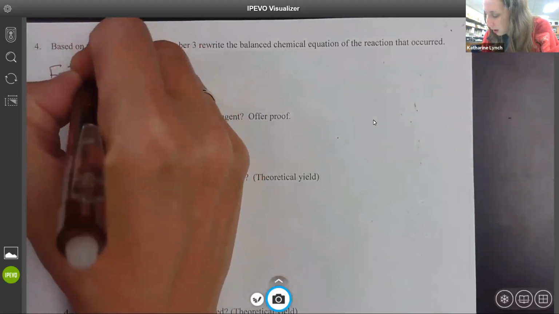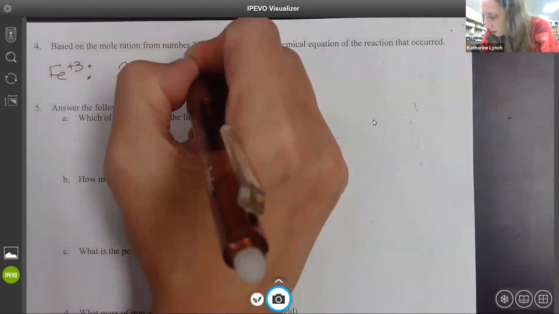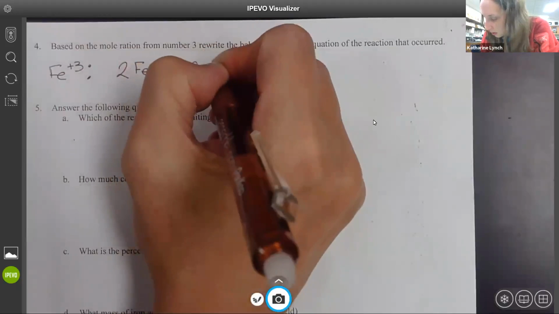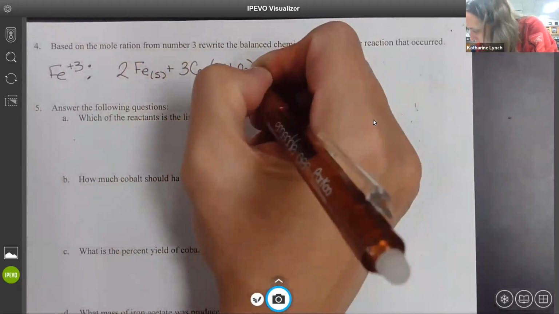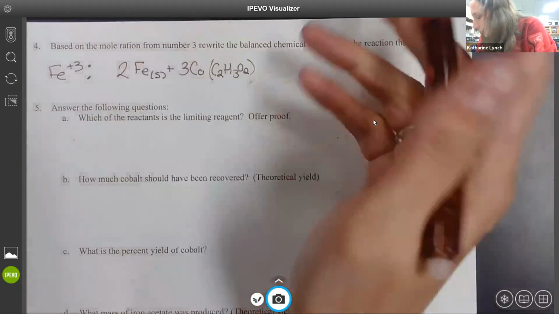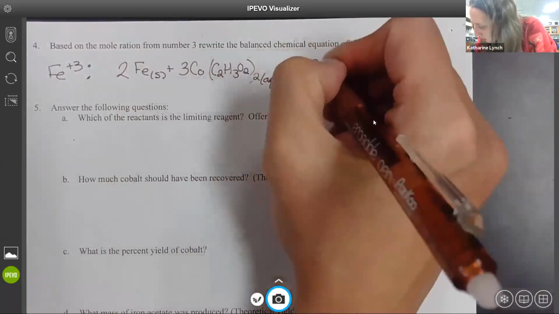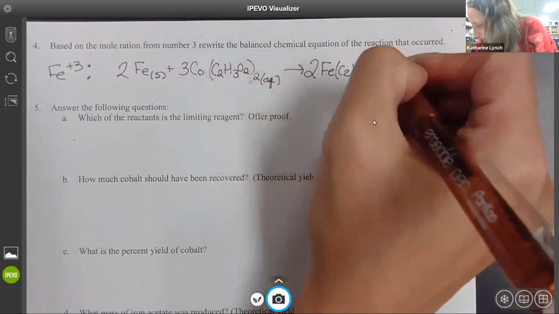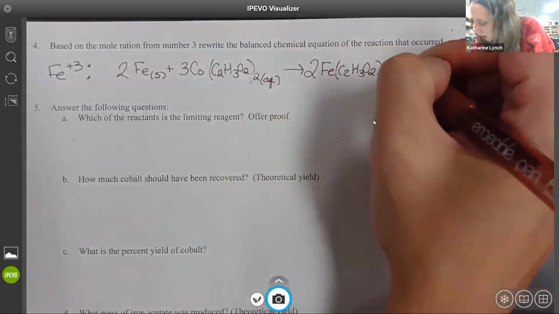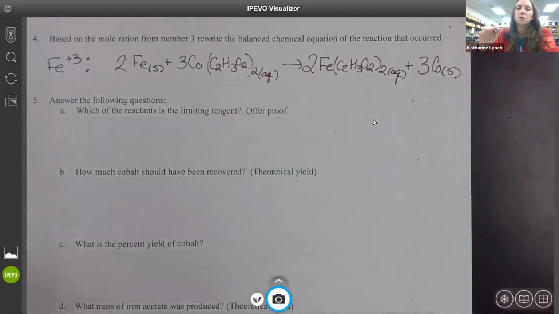So that was our 2 moles of iron solid reacting with 3 moles of cobalt(II) acetate, yielding 2 moles of Fe(C2H3O2)3 in solution and 3 moles of cobalt solid.